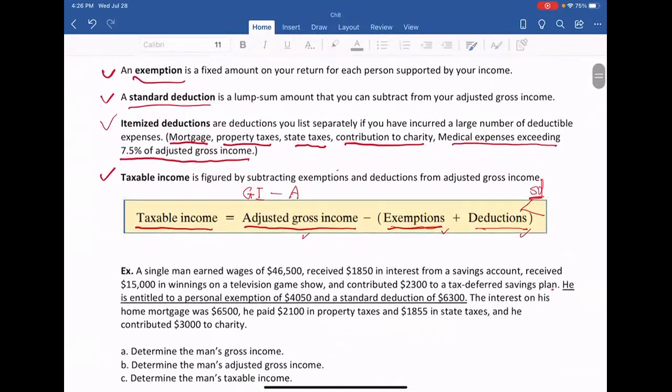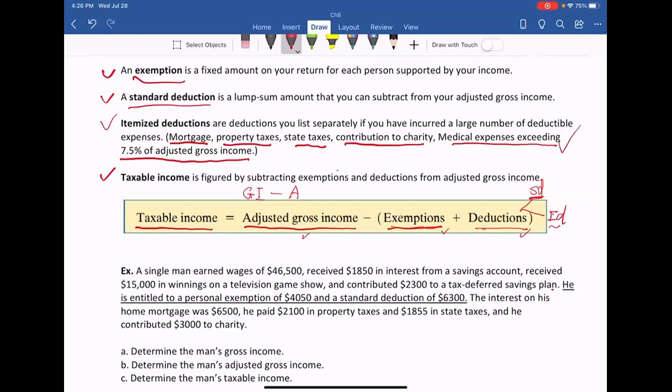Another kind is itemized deduction. That includes the mortgage, property taxes, state taxes. The definition is here. So which one do I need to choose to fill my deductions? Just compare which one is greater. If standard deduction is 6,300 and itemized deduction is 10,000, the itemized one is greater than the standard deduction.